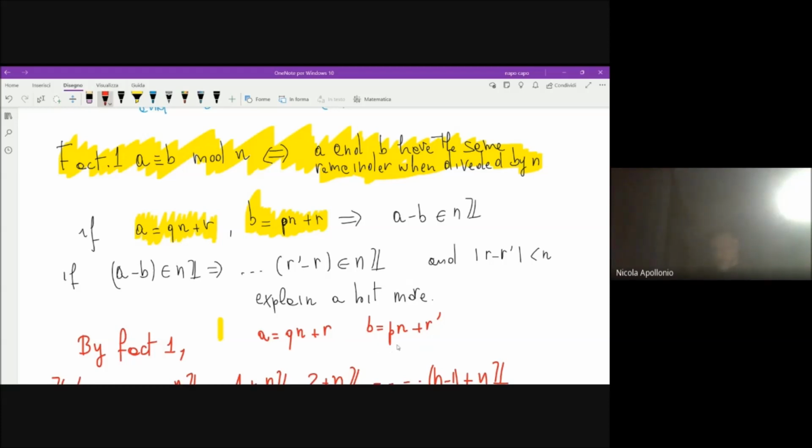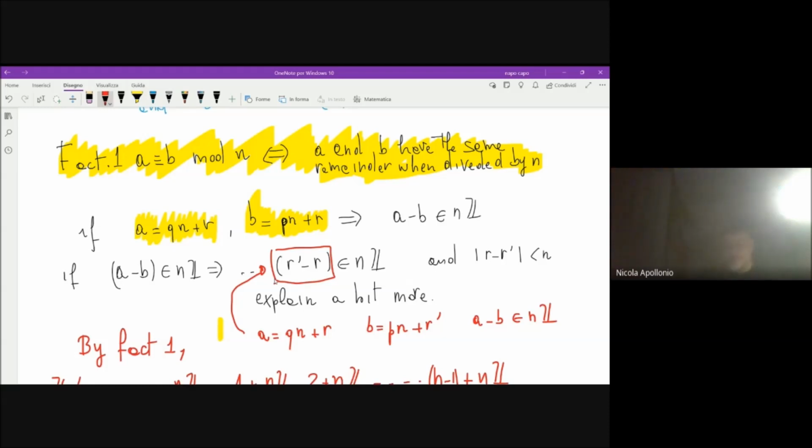But we know something. We know that A is congruent to B modulo n. So A minus B is in nZ. If you do the easy computation, you see that this means that R prime minus R should be in nZ.